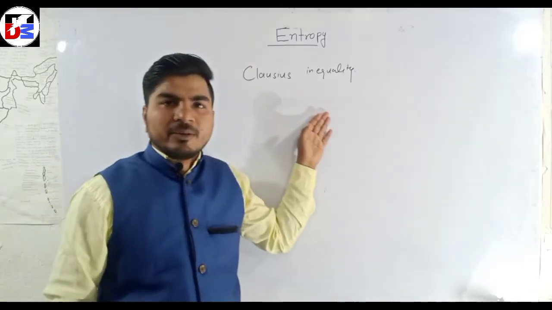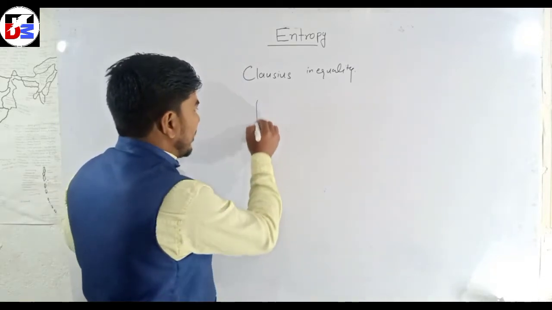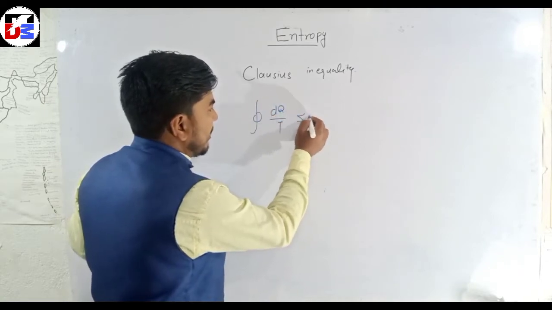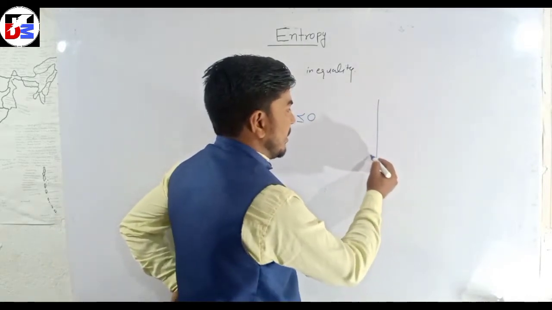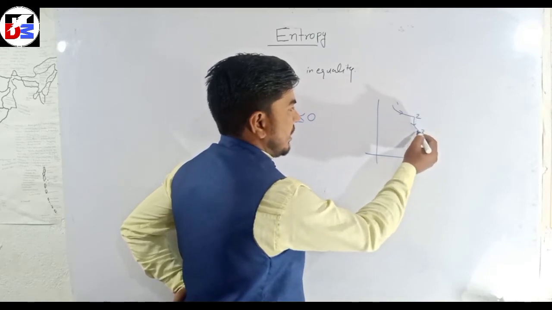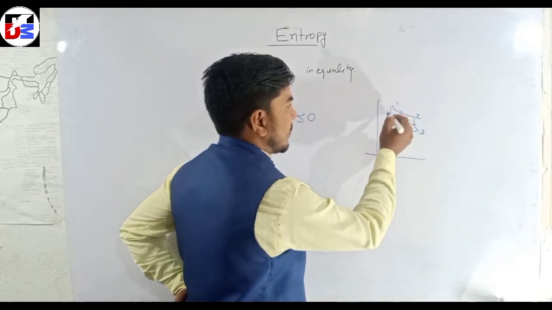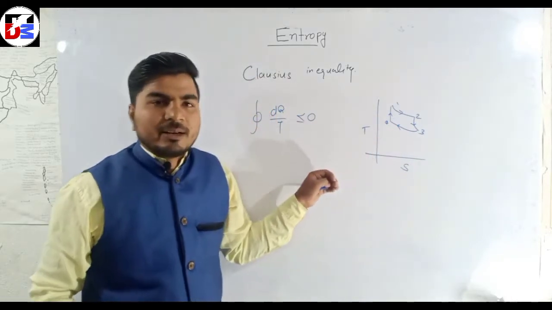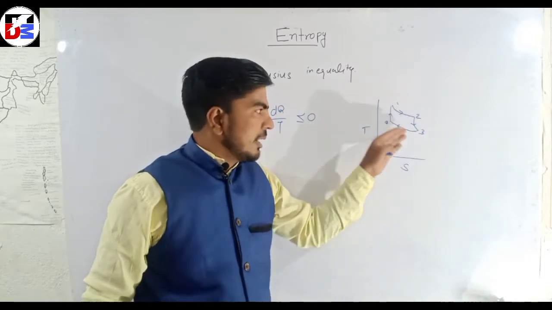The Clausius inequality says that for every cycle, the cyclic integral of dQ by T is less than or equal to 0. That means in any given cycle, for example 1 to 2, 2 to 3, 3 to 4, and 4 to 1, suppose this is a TS diagram, and we calculate the value of dQ by T for this cycle.